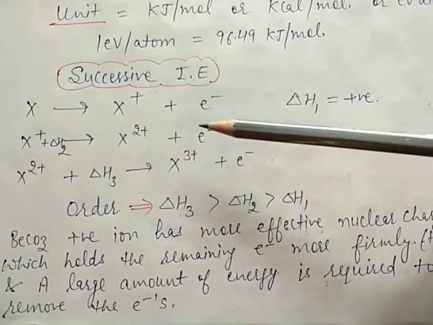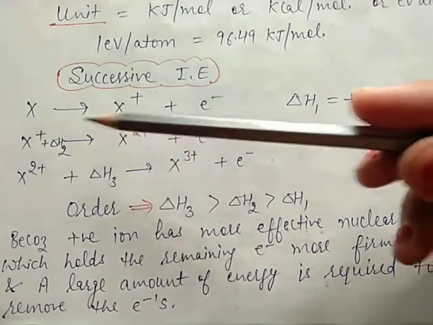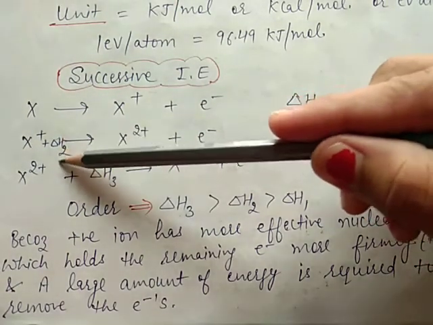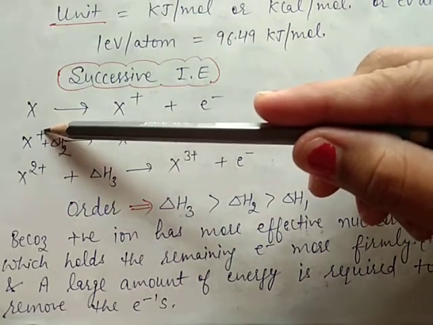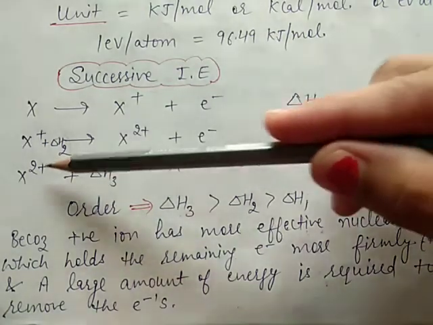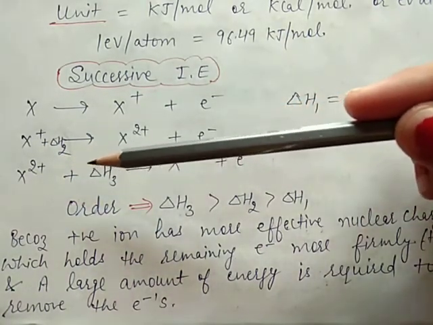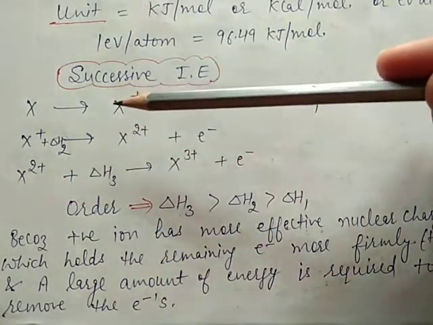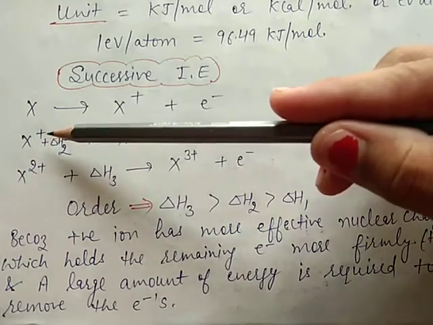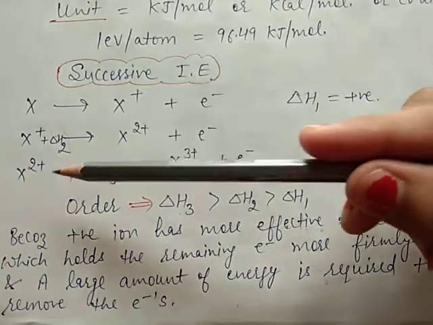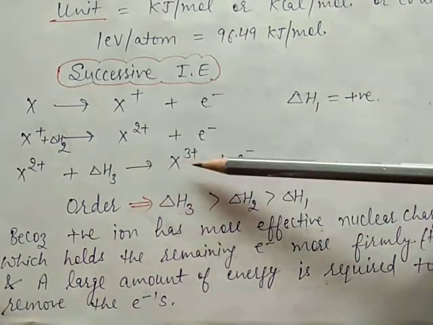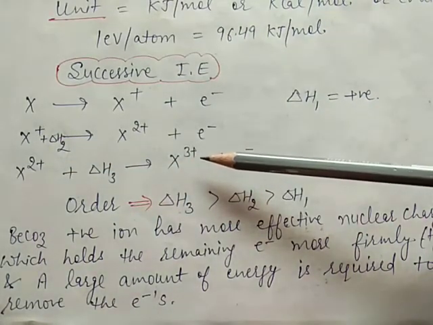Now the energy required, delta H2, to remove the second, third or successive electrons from the positive ions, meaning from one positive it will form 2 positive, and from 2 positive it will form 3 positive.